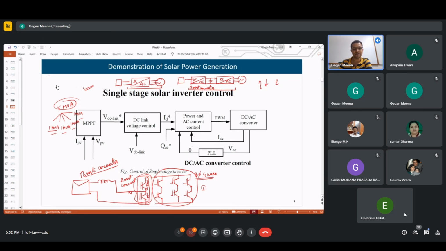The grid is supplying power for charging the vehicle. That is G2V, grid to vehicle, which we are using right now. Vehicle to building means we are taking power from the vehicle and supplying some load within the building.